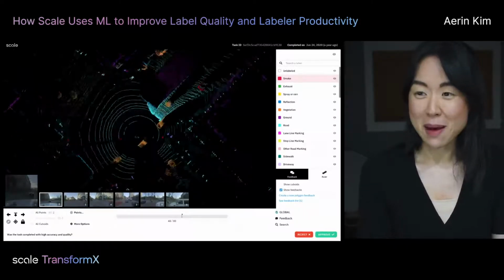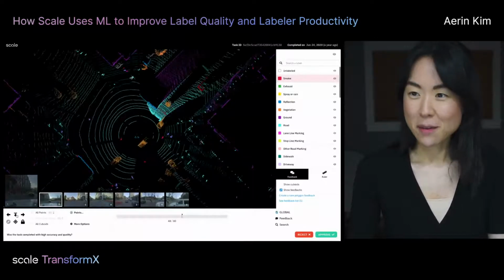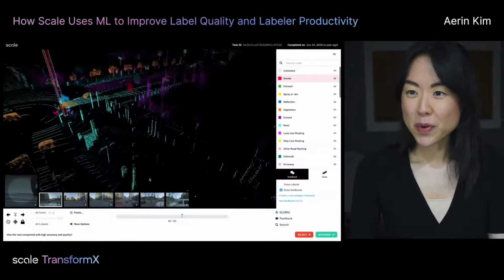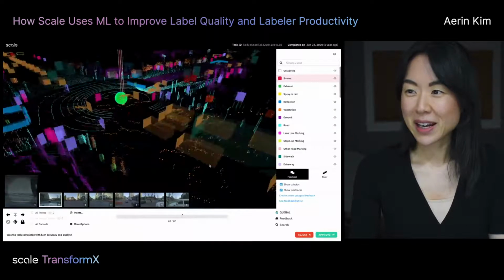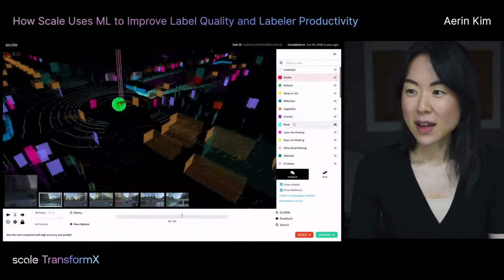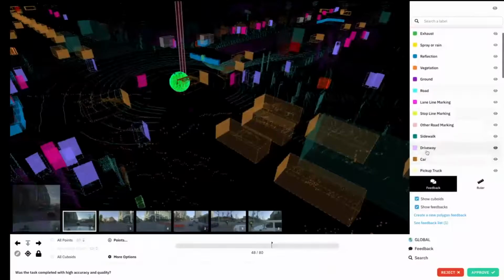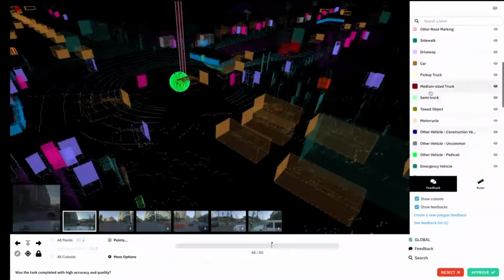And what I mean by complex is, get out of the bird's eye view, show cuboids, and look at all these taxonomies, right? So road, ground, it's blinking, and the sidewalk, and cars, and medium-sized truck, blinking.